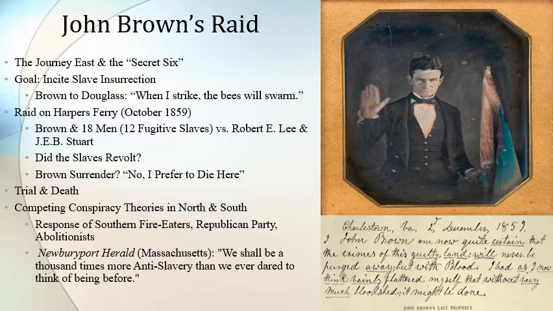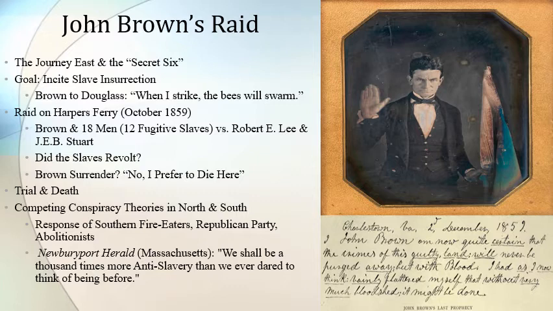But now we're going to pick up his story and what happens after that. Because after partaking in the violence of Kansas, John Brown moved to the east in preparation for a larger action against slavery that he hoped would lead to a much wider opposition to this terrible, terrible institution.